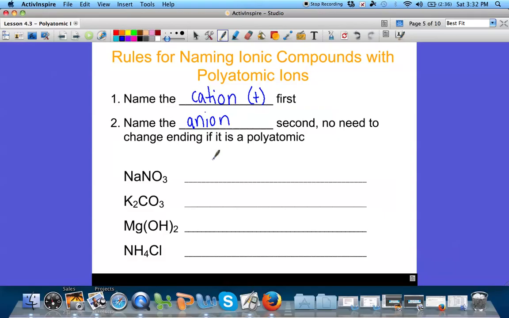And there is no need to change the ending if it is a polyatomic. However, if it is a single type of element, we are still going to change the ending to -ide.